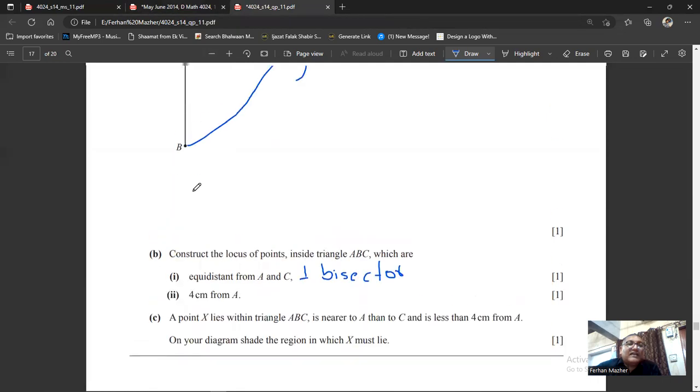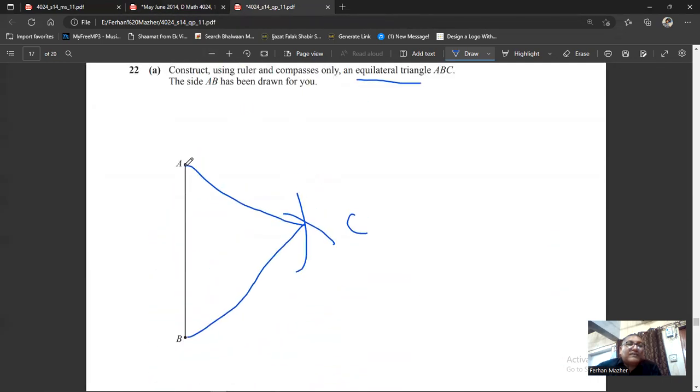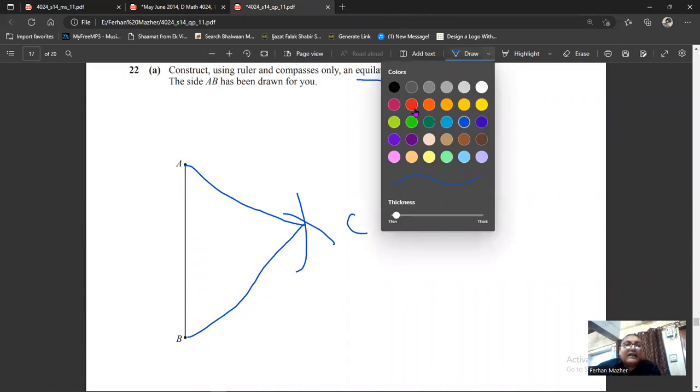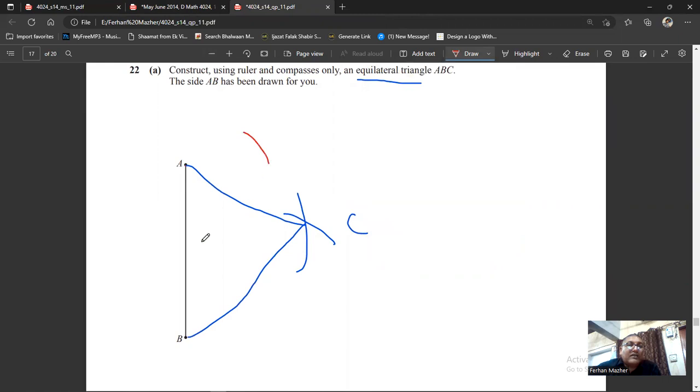So the method is, put your compass here, open it more than half of this, and draw an arc here, draw an arc here. Then put the compass at C, draw an arc here, draw an arc here. So join them. So this will be the perpendicular bisector of AC.